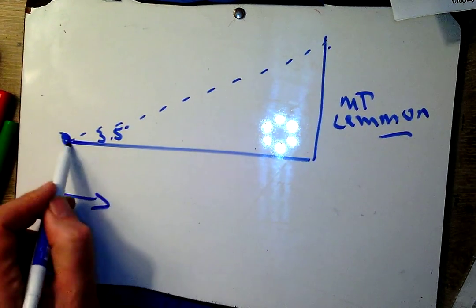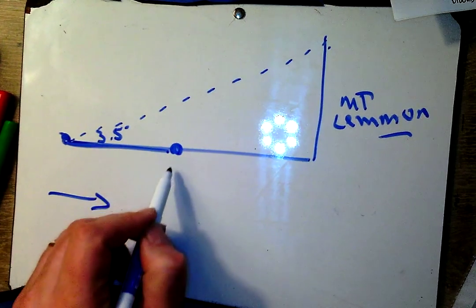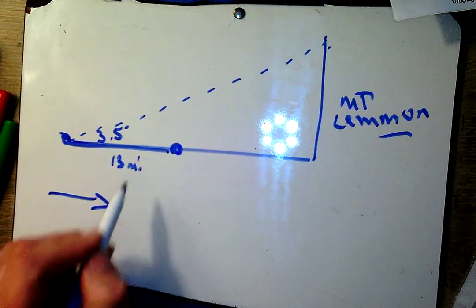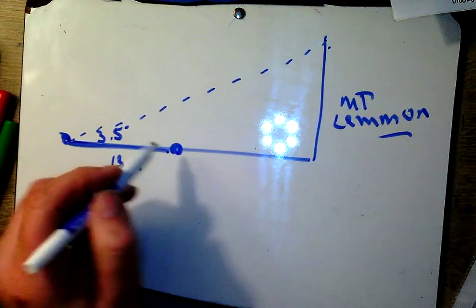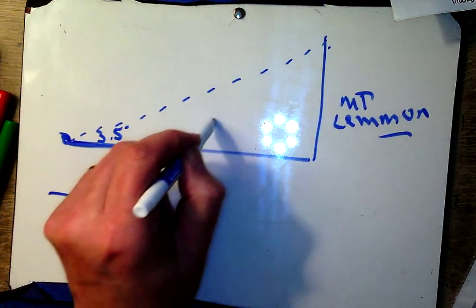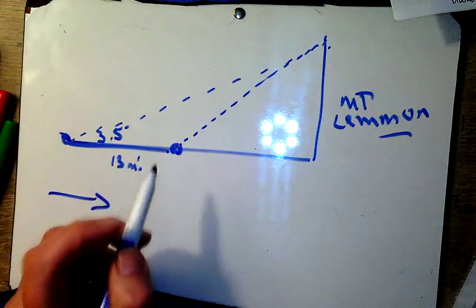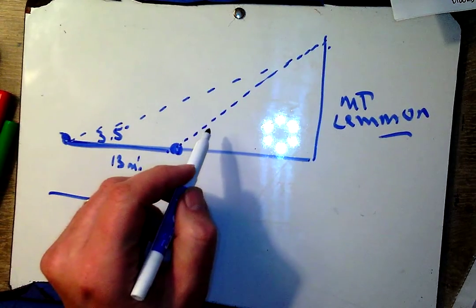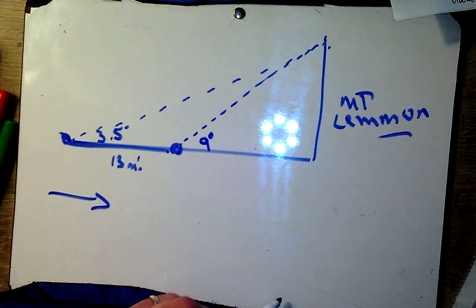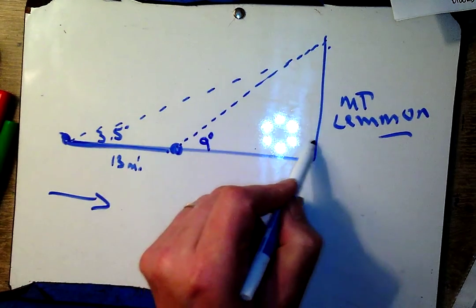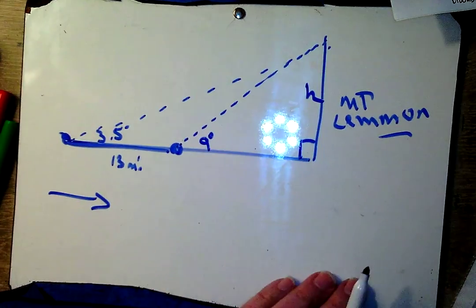And then you drive 13 miles towards Mount Lemmon. And this time, the angle of elevation to the top of the mountain is 9 degrees. What I'd like to know is the height of the mountain.